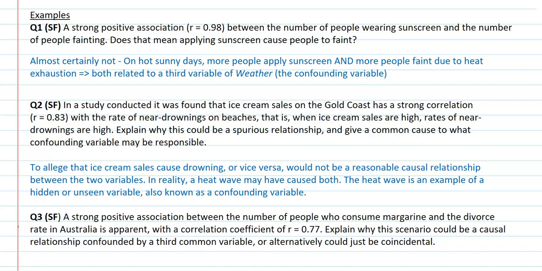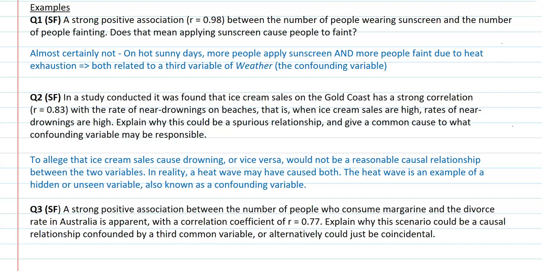The third one is looking at a scenario where a strong positive association between the number of people who consume margarine and the divorce rate in Australia is apparent, with a correlation coefficient of 0.77. So that's pretty strong. Explain why this scenario could be a causal relationship confounded by a third common variable, or alternatively could just be coincidental. What do you think?